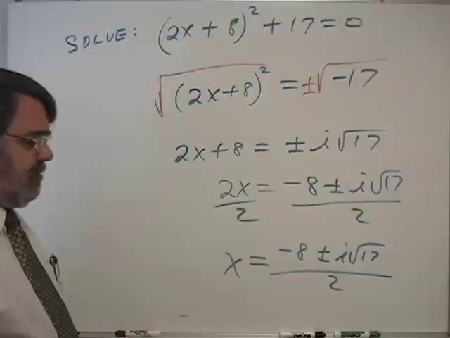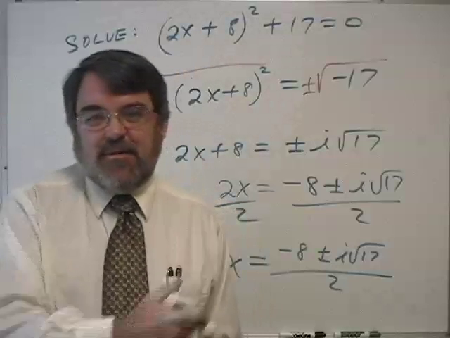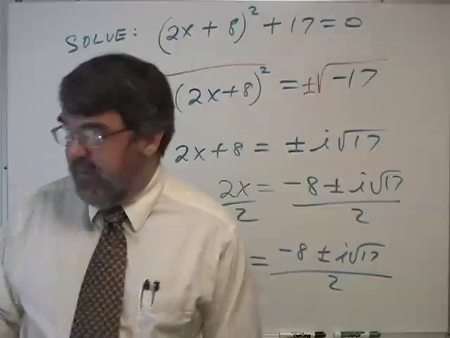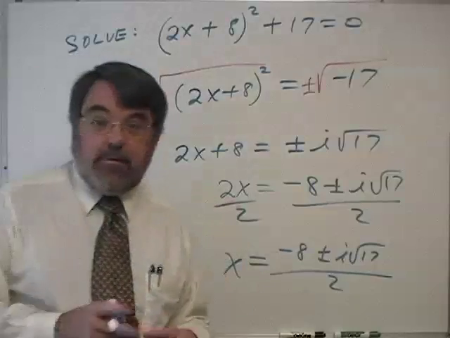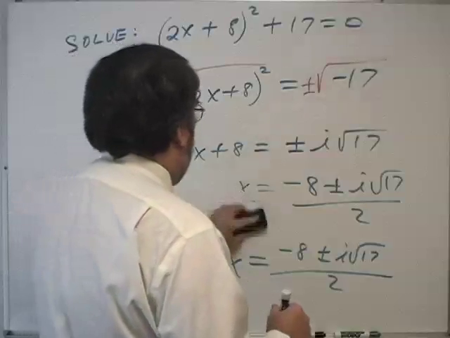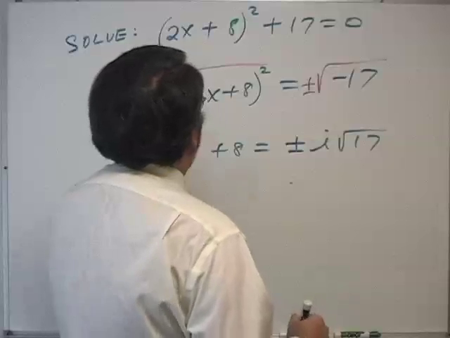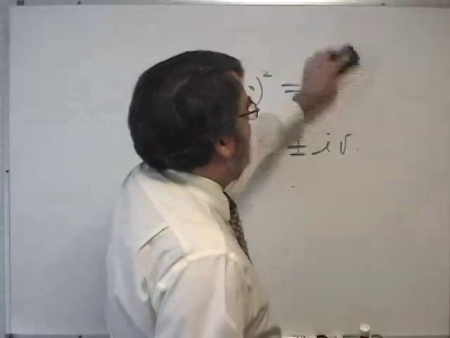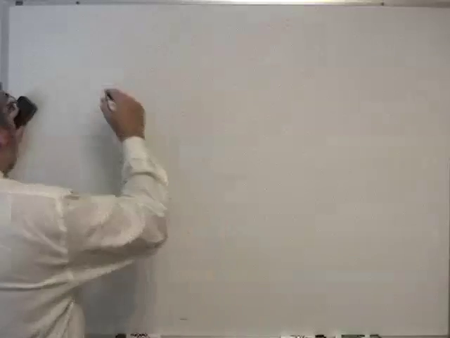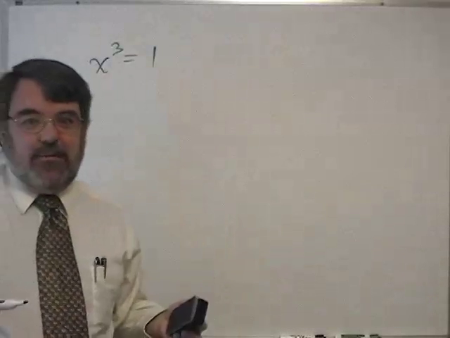But there's the idea. Okay, I think just to wrap up this video, it occurred to me as I was writing this, I made a mistake earlier in this video, and I really don't want to go back and re-record it. So let me fix a little mistake I made earlier. It was when I was discussing the solution to this problem, x cubed equals 1. We take the cube root of both sides.